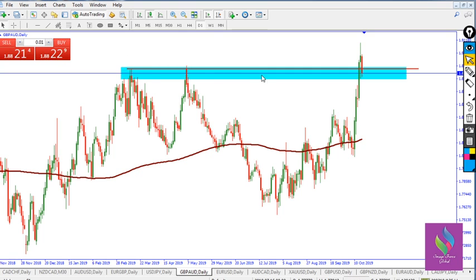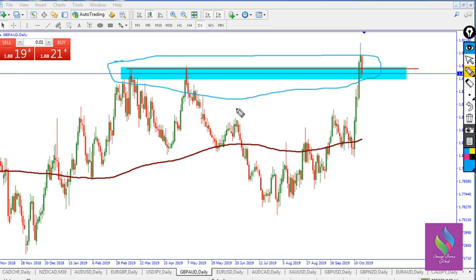But basically you can see areas where you can punch out a resistance line right there. Most times you have that region as your resistance area, so don't mind my drawing, but you can see it from there.